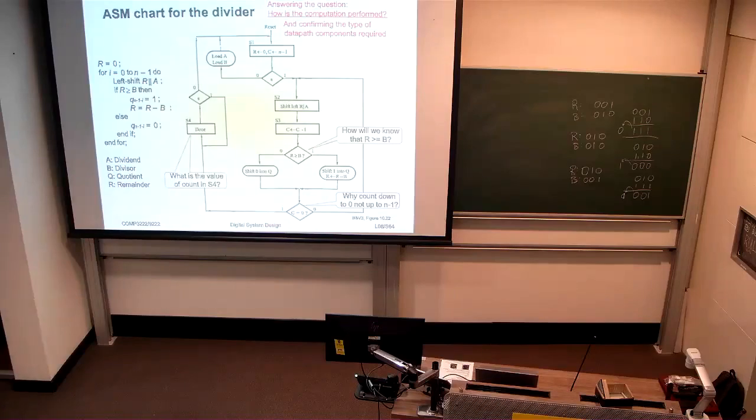What's the value of count inside state 4? So when we've reached state 4? Fallen into my trap. Who said 0? Aiden. Fallen into my trap. How do we know it's not going to be 0?